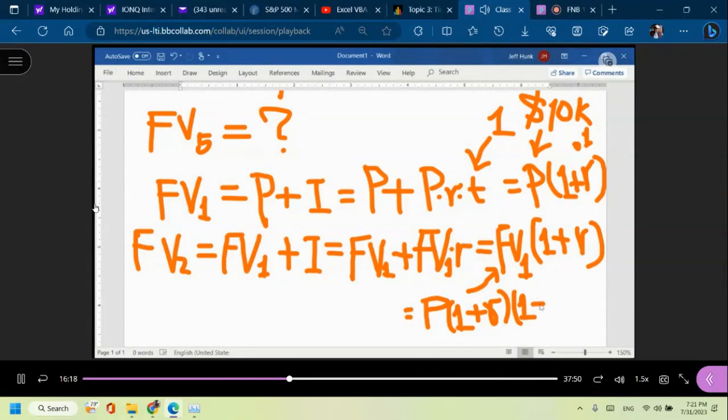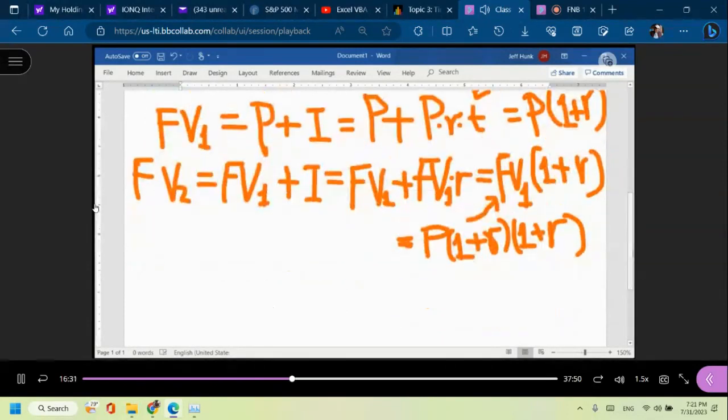So another 1 plus R times 1 plus R. And then we know better than this. We don't write it like this. When we have 1 plus R times 1 plus R, we already know we should write it like P times 1 plus R squared, right? Okay. Hence we find FV2 this way.